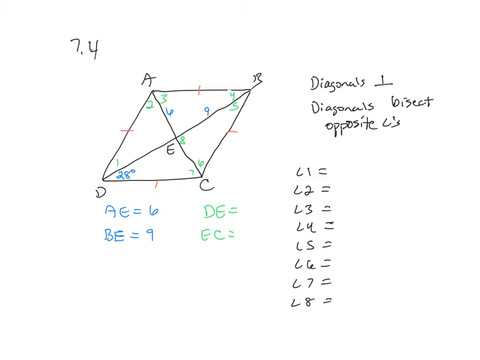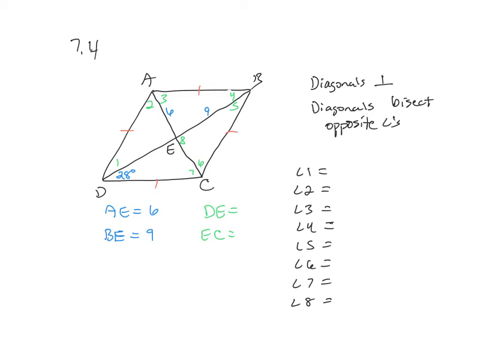But the first thing, remember that this is a parallelogram. So opposite sides are congruent, well, all 4. Opposite angles are congruent. That's going to be helpful. Diagonals bisect each other. And consecutive angles add up to 180. So in addition to the diagonals perpendicular and the diagonals bisect opposite angles.